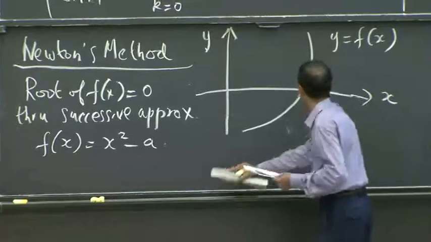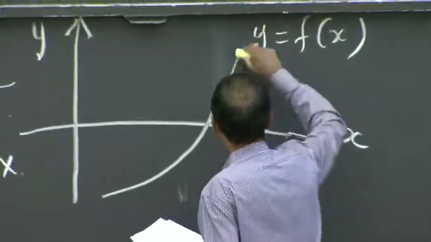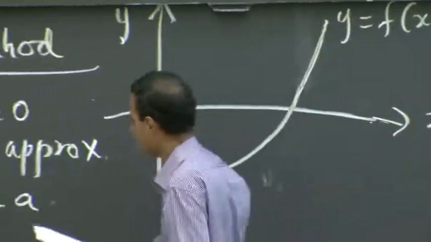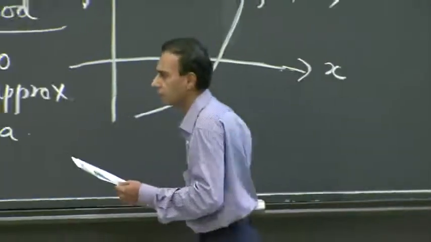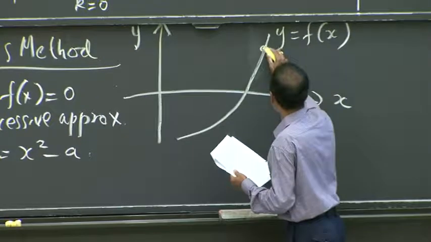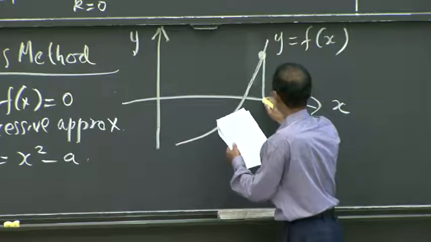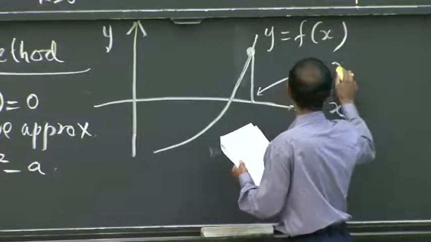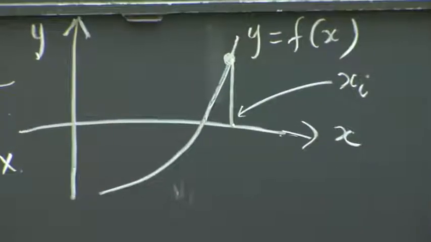The way Newton's method works is that, geometrically speaking, it tries to find tangents. A different colored chalk would be useful here, but you don't seem to see one. So let's say you're sitting out here, and it's a successive approximation method. This would give you x of i, and now you want to compute x of i plus 1.